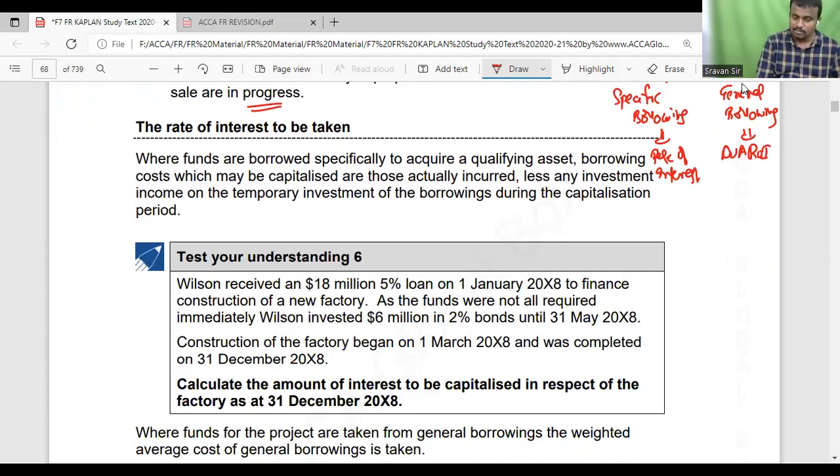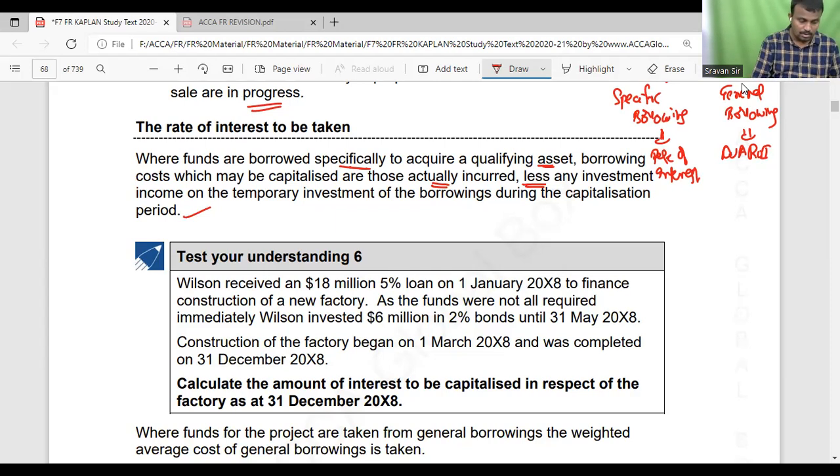Coming to the rate of interest to be taken: when funds are borrowed specifically to acquire the qualifying asset, the borrowing cost capitalized is that actually incurred, that is, at the rate of interest of that specific borrowing, less any investment income on temporary investment of the borrowing during the capitalization period.